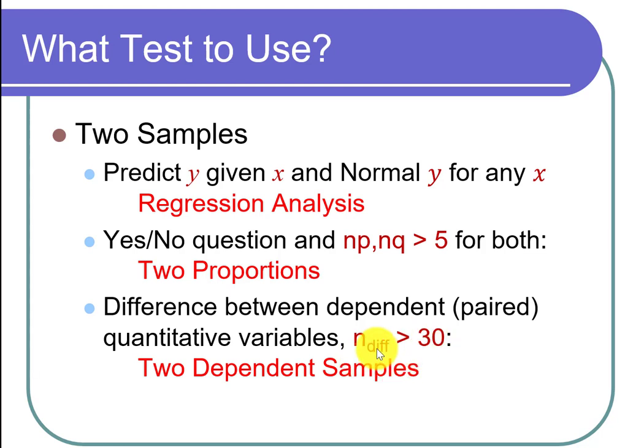It has to be greater than 30. If that's the case, we're talking about 2 dependent samples. Again, that could be a hypothesis test or a confidence interval for 2 dependent samples.